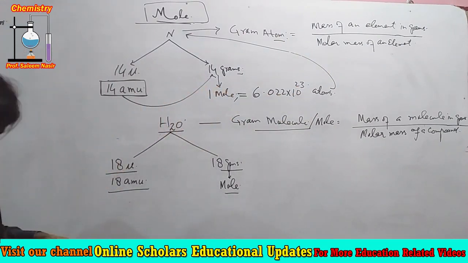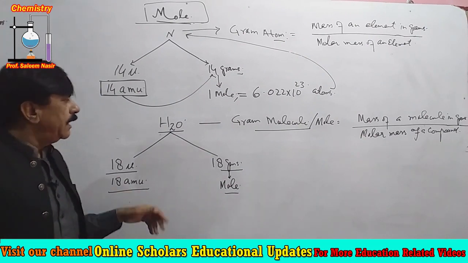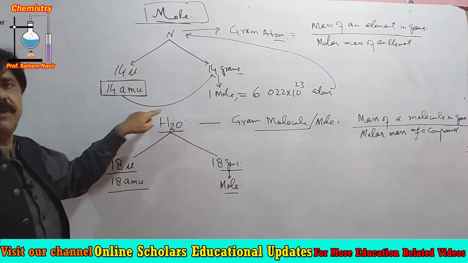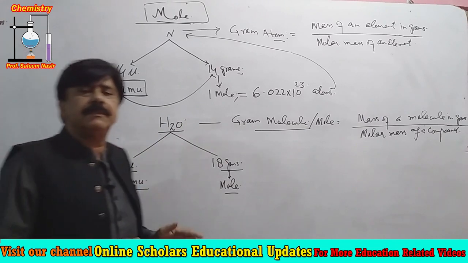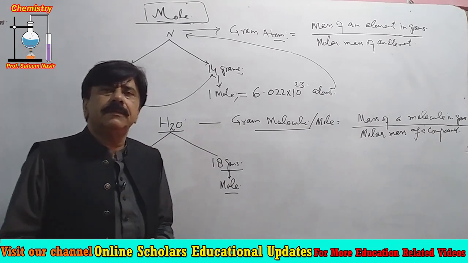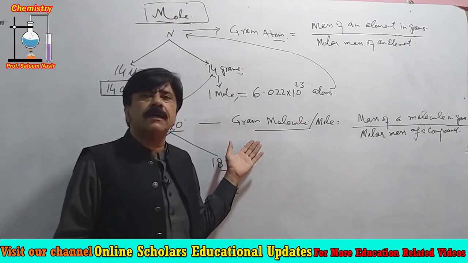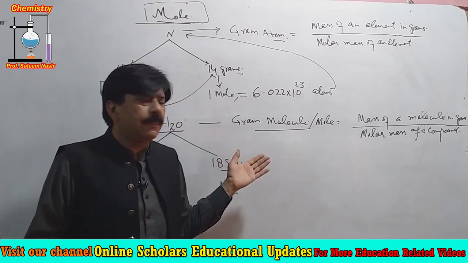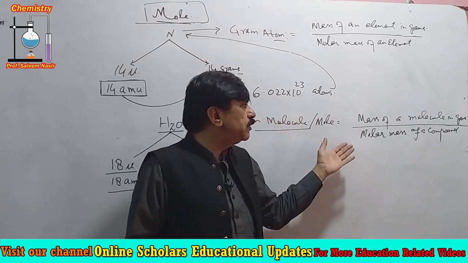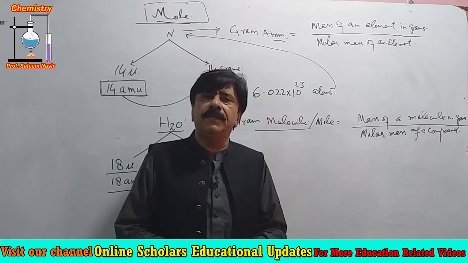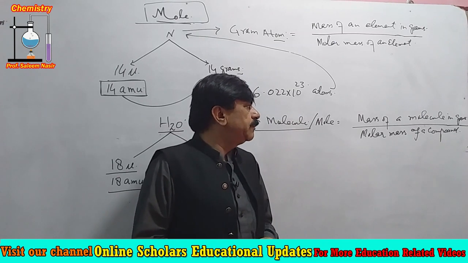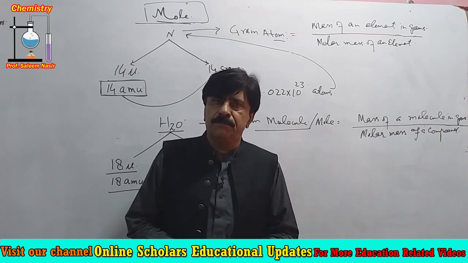And similarly, I have told you about the molecule of the water. When expressed in grams, it is called the mole, and that mole is also termed the gram molecule. That gram molecule is equal to the mass of the molecule in grams divided by the molar mass of that compound.